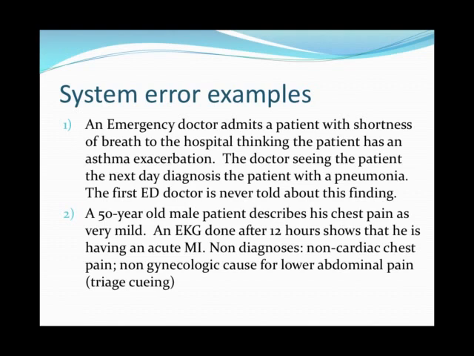And so it took way too long for this patient to have an EKG. Because the patient described his pain as very mild, there was a delay in the EKG, and it did later turn out that he had an MI, and so there was a big delay in his diagnosis.